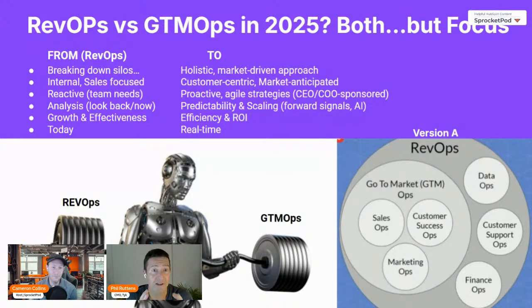But a more holistic, market-facing, external, customer-centric approach is usually what GTM and GTMOps is about. So you might include other teams, other leadership, and even customers in the whole picture.